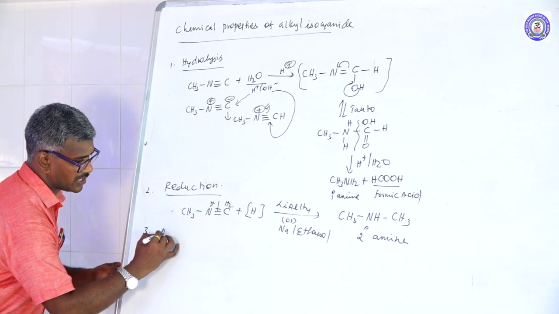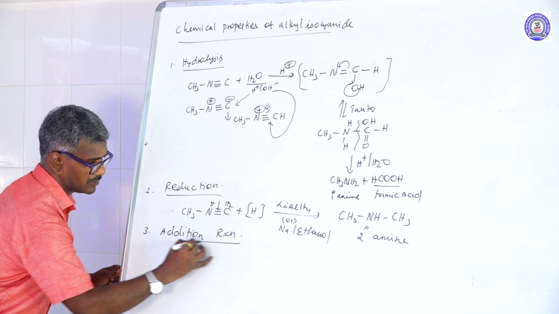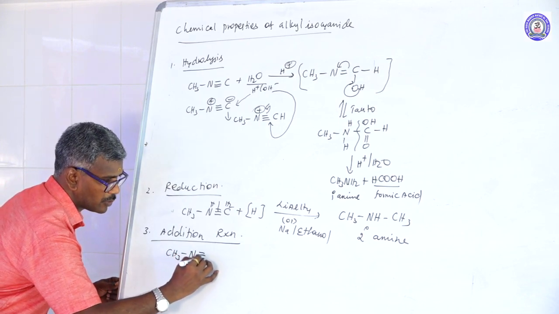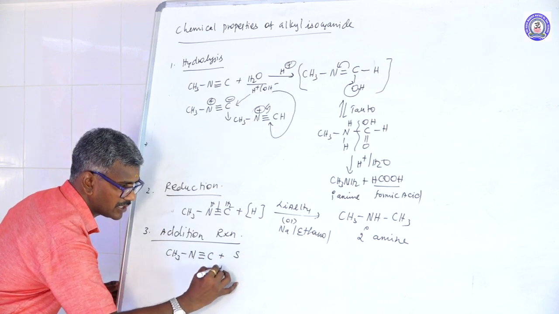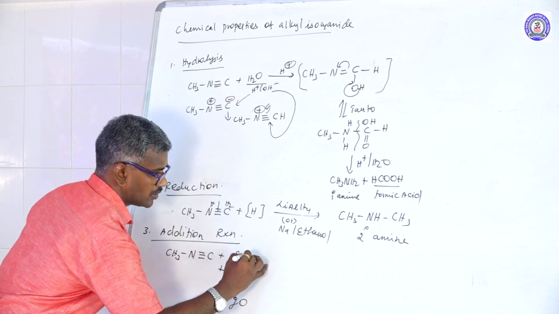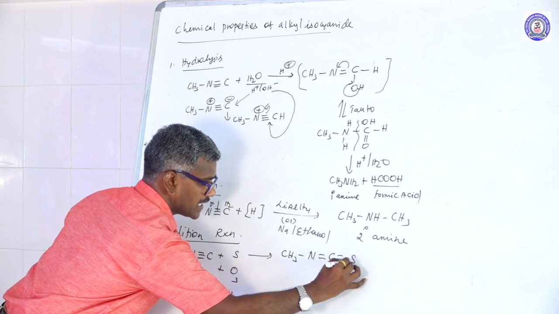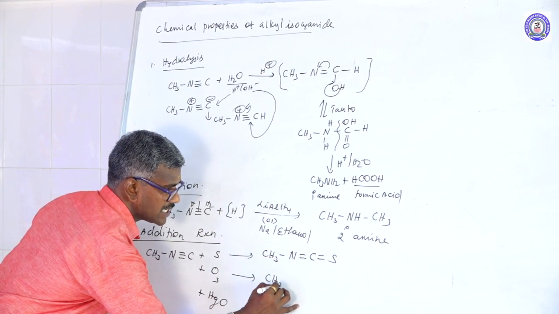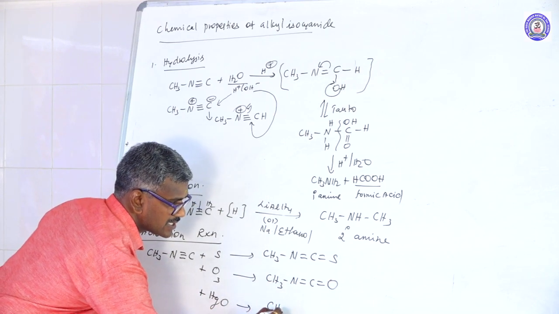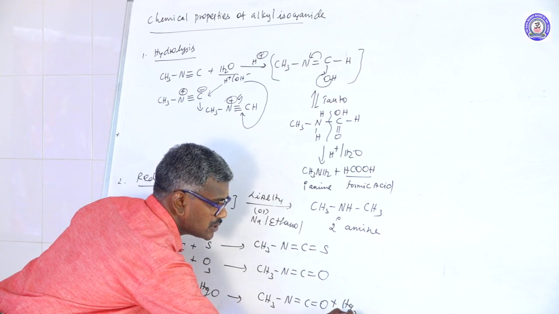The third one is addition reaction. CH3N≡C reacts with sulfur, or ozone, or mercuric chloride to form CH3N=C=S, CH3N=C=O, and CH3N=C=O plus Hg2.